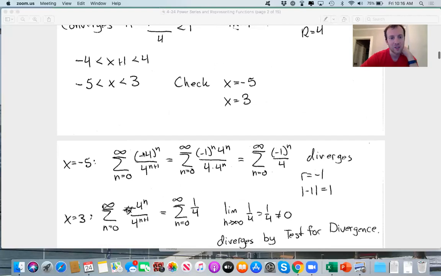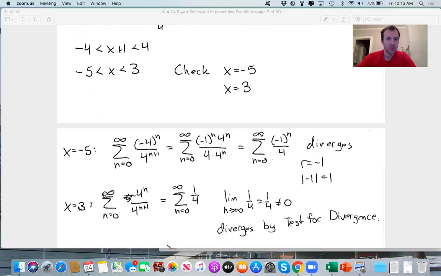If we put -5 in, then we get -4 raised to the n. We can break that apart into the -1 to the n and 4 to the n. We get some cancellation, and this series diverges. Here, this is geometric with r equals -1. And in that case, this series diverges.